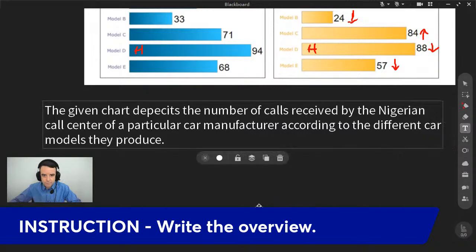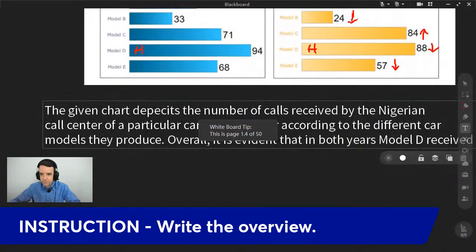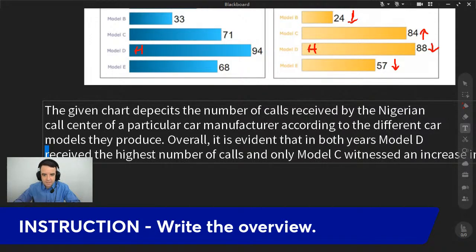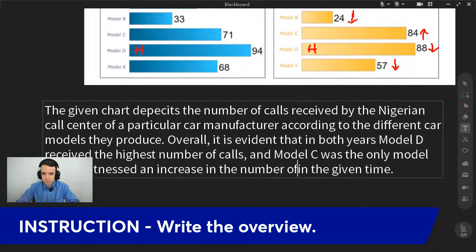So overall, it is evident that in both years, Model D received the highest number of calls and Model C was the only model which witnessed an increase in the number of calls.